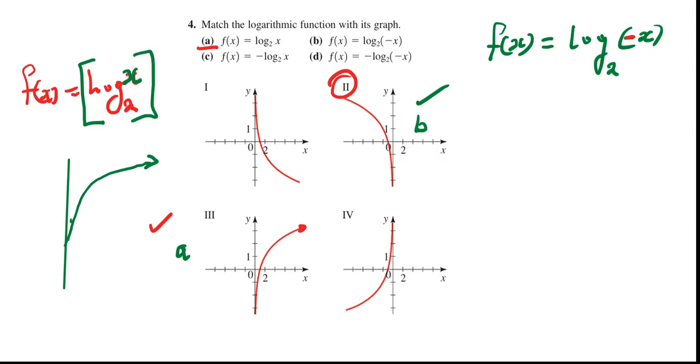C, f of x equals negative log x to base 2. So this time around we have a negative sign outside. This simply means that you should reflect the original function across the x-axis.